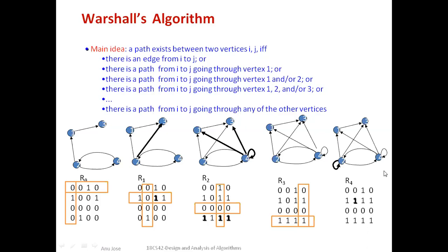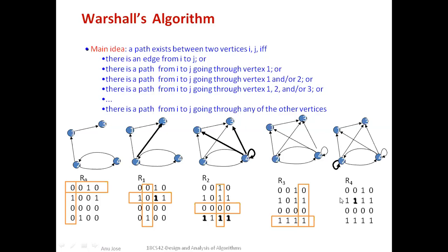And this will be the final R4 I am having. So this is the final transitive closure of the given input graph.